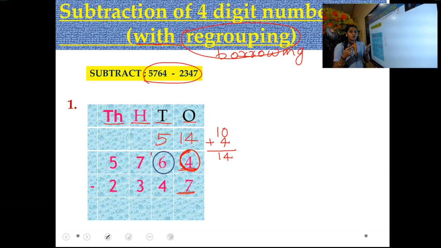Counting backward from 14: 13, 12, 11, 10, 9, 8, 7. Write down that answer in which place? In ones place you have to write down 7. Okay, so subtraction of this place is over.